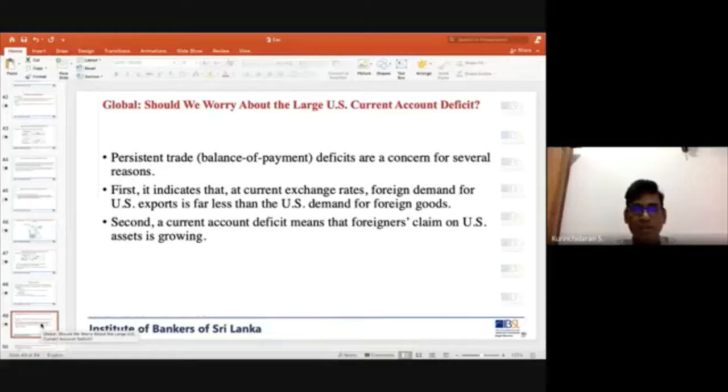These two are not welcome normally, right? So should we worry? Yes, for two reasons. One is our local products are not competitive enough, and then there may be more claim on our local assets. Okay?